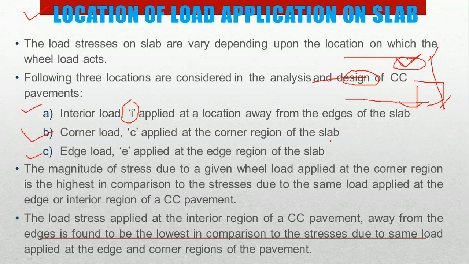So whenever the wheel load is applied at the corner region, we can expect higher compression stress compared to the interior region. If the same wheel load is acting at the interior, the compression stress is less compared to when it is acting on the corner region. Therefore the location at which the wheel load is acting is also a very important factor affecting the formation of stresses in the rigid pavement.